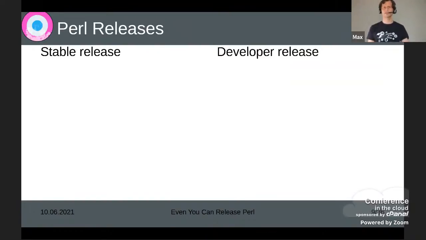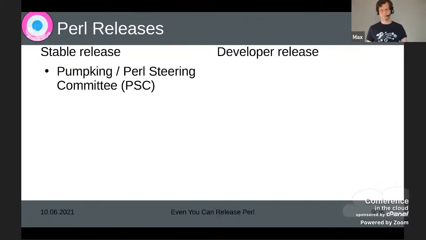I've mentioned it a bit already. There is the stable release of Perl that comes out every year, and the developer release that comes out monthly. The stable release has usually been done by the Pumpkin.